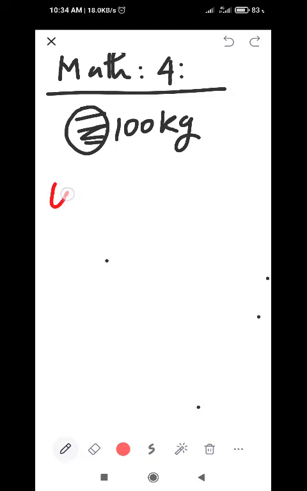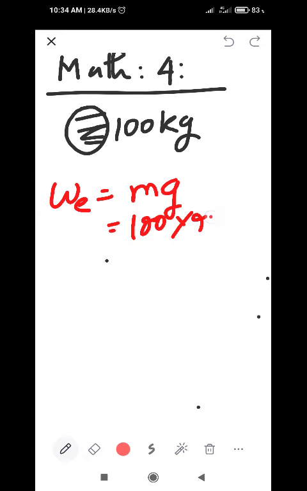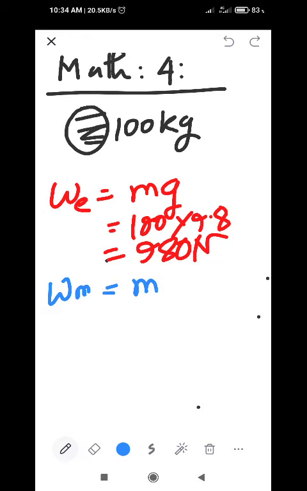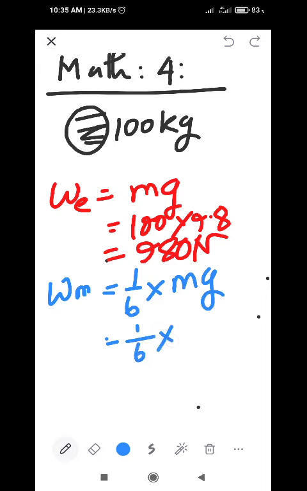Okay, what is the weight? Weight on the earth, that is mg, that is 9.8, that is 980 Newton. And another weight on the moon, 1 by 6 into mg, that is 1 by 6 into 980.